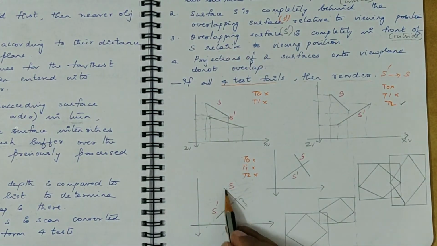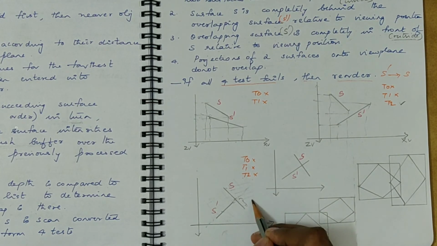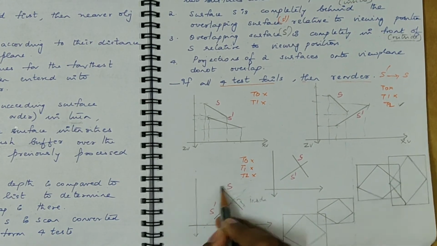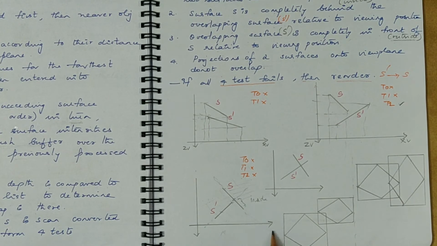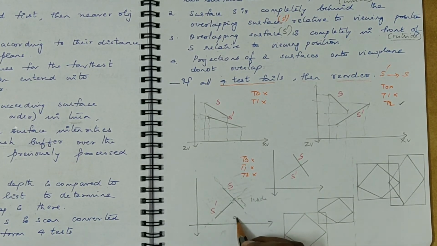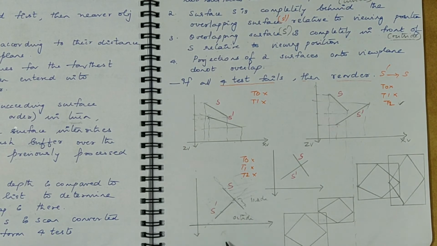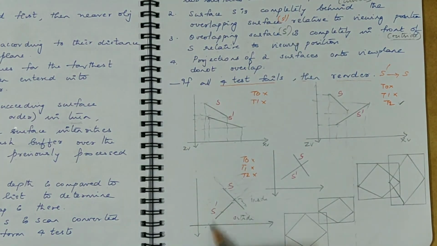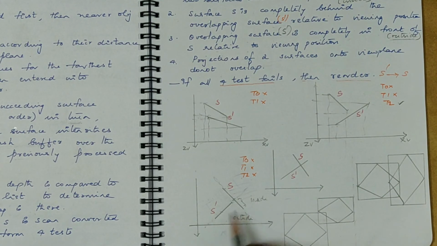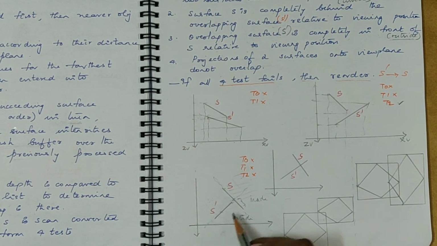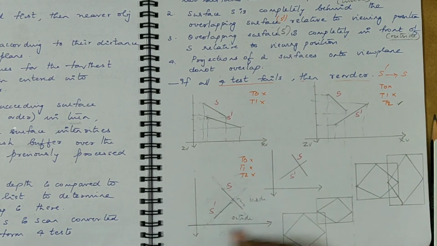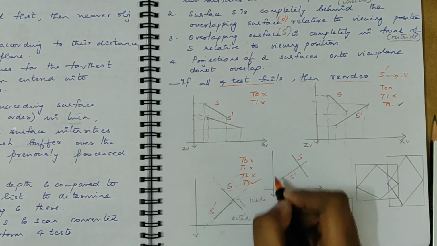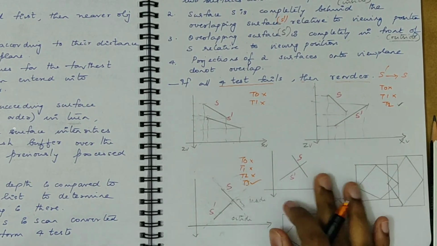What we have to find out is if the overlapping surface is completely in front of S. In front of S means outside S. If you extend this, all these points are inside and all these points are outside. So you have to check if S dash is completely outside S. Here you can see that this line is completely outside S, so this test case has passed test 3.